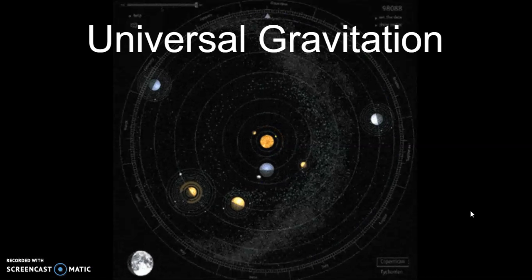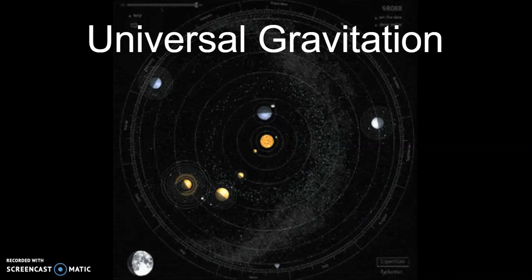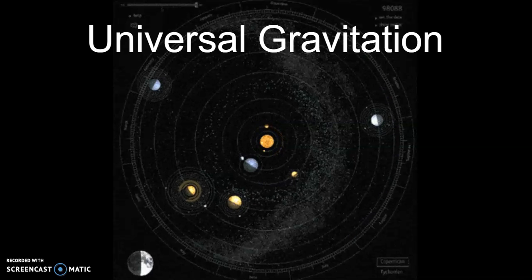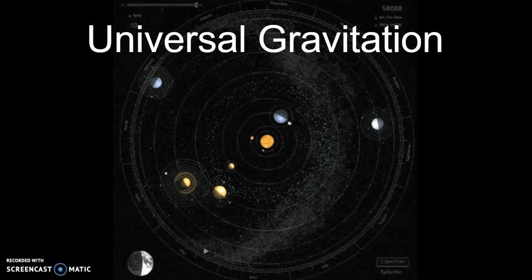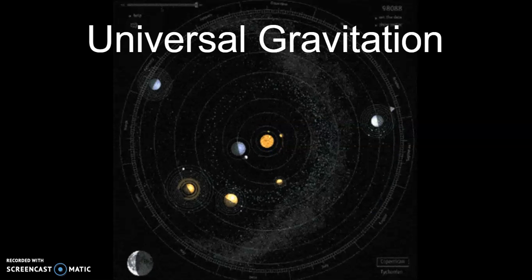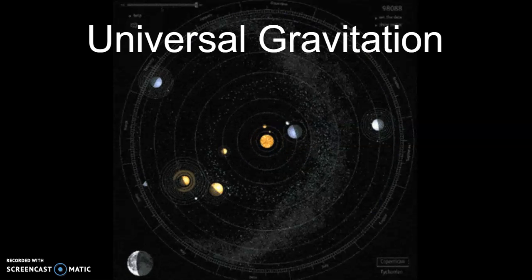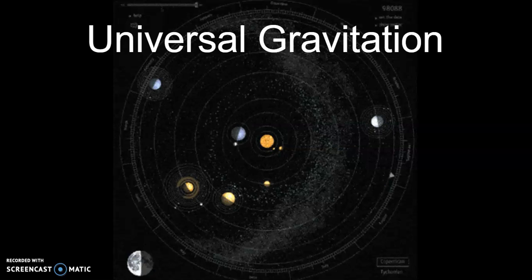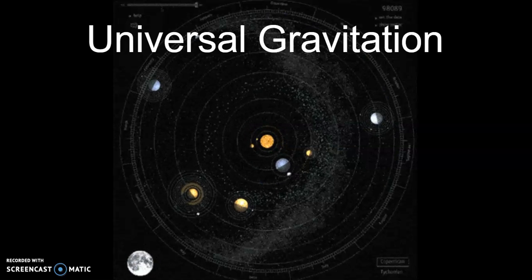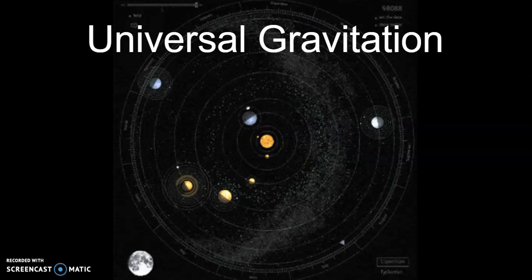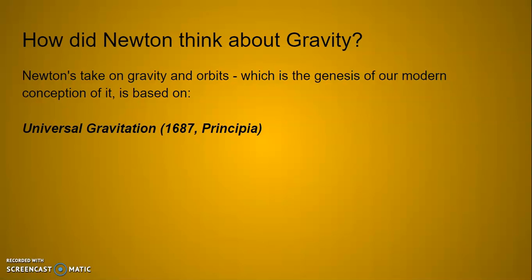Okay, friends, so the last thing that we're going to talk about in this video is a very special type of force called the force of universal gravitation. The force of universal gravitation is probably the greatest accomplishment of Isaac Newton's. Let's talk about what it is and how it works. So Newton thought about gravity somewhat differently than most people of his day did.